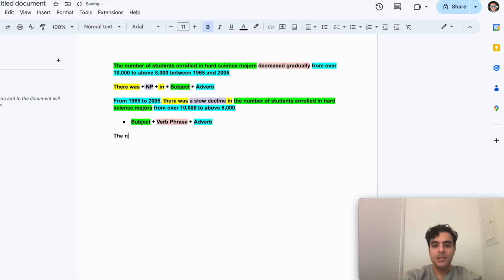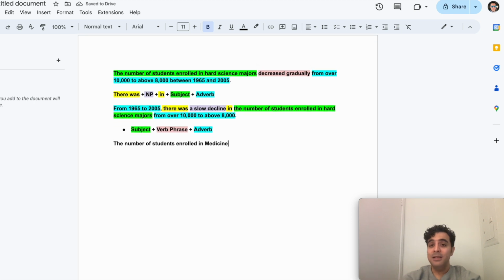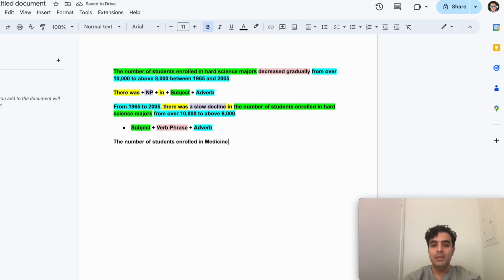So let's start with the subject. The number of students enrolled in medicine, right? So this time, we were using a different line to describe this period of stability. Now, you could say the number of students enrolled in medicine.